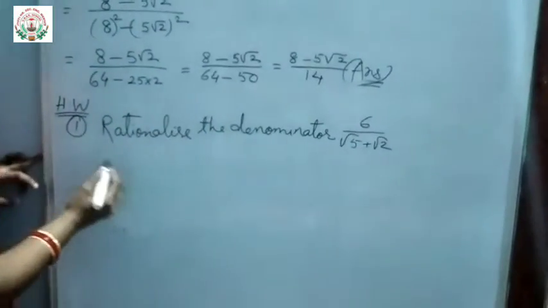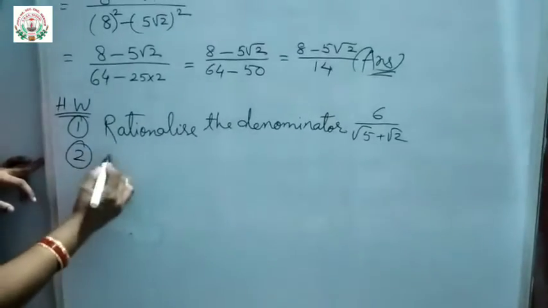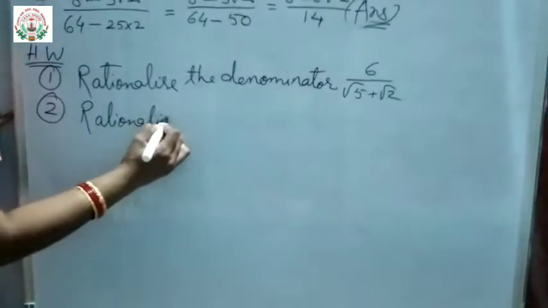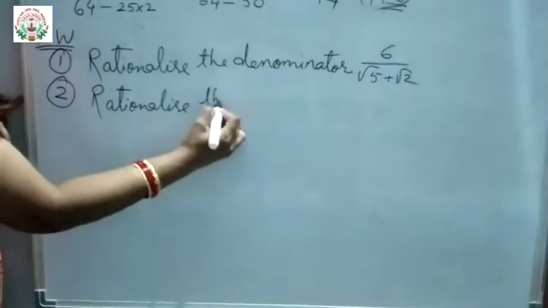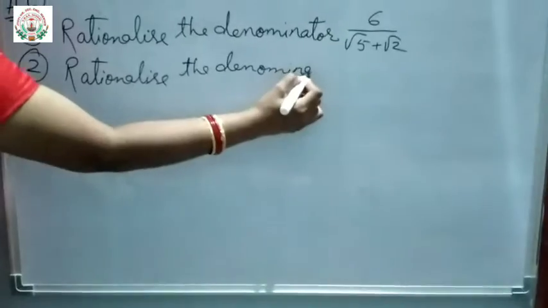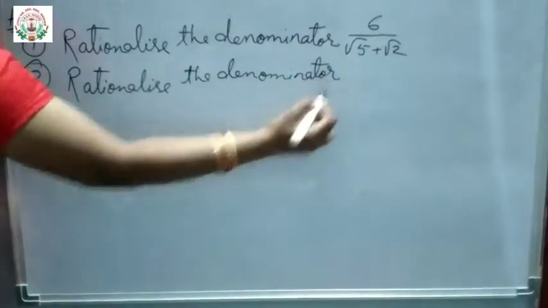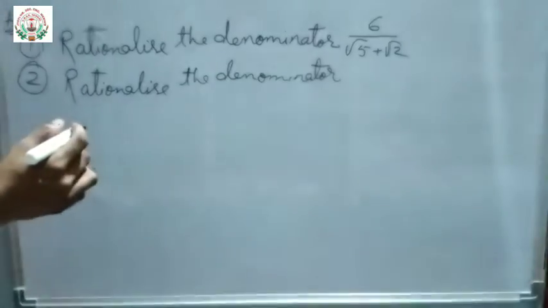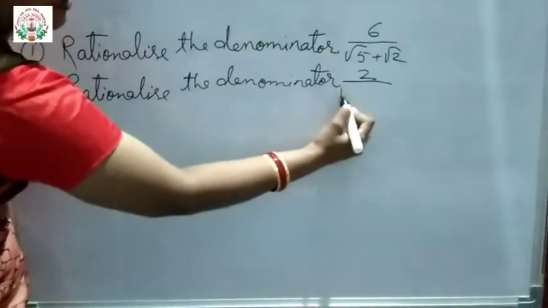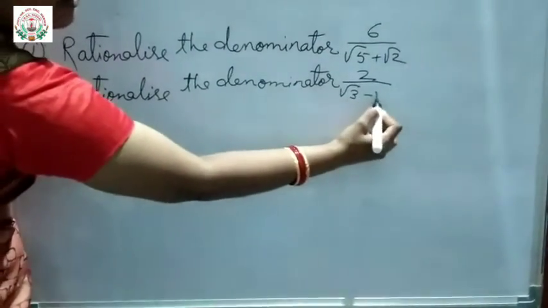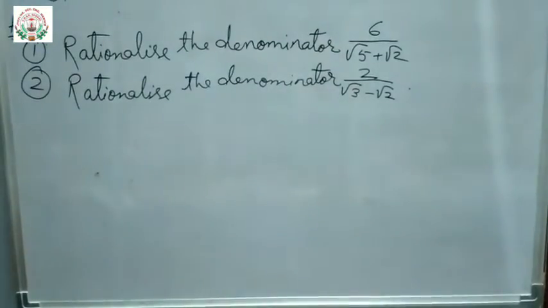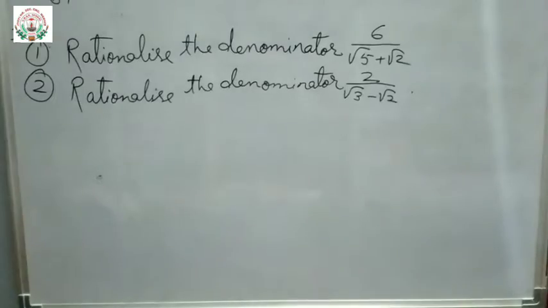Okay, this is one question. Second question: rationalize the denominator of 2 upon root 3 minus root 2. Okay, these two questions, solve them as your homework.